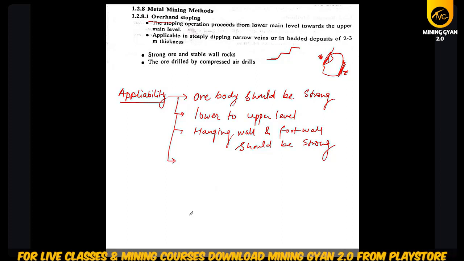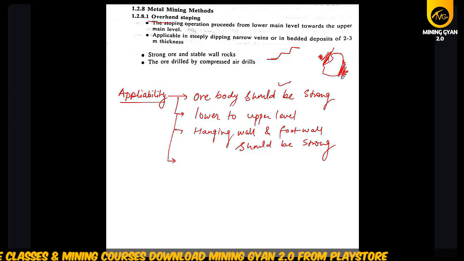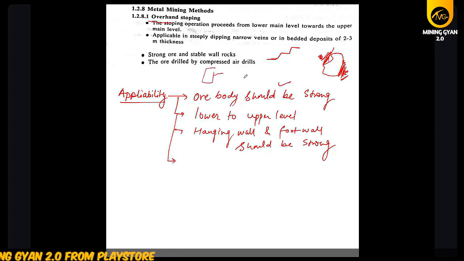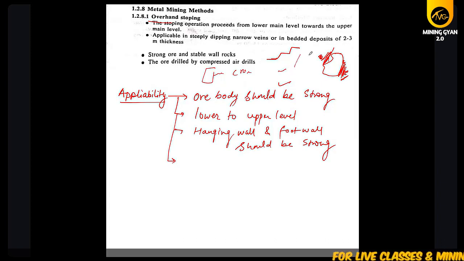Okay, so applicability. The ore body should be strong, and the overlying and below strata should be strong. Why I am discussing this is because in this chapter there are various terminologies, like crown pillar, sill pillar, and rib pillar, hanging wall, foot wall, cross cuts.